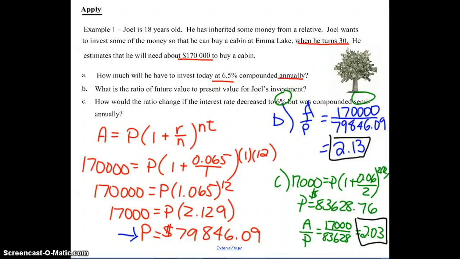The first one, because if you look here, you only have to invest $79,846 originally, compared to here you would have to invest $83,628. So you can tell that the higher ratio does give you a better idea of which is the better investment.